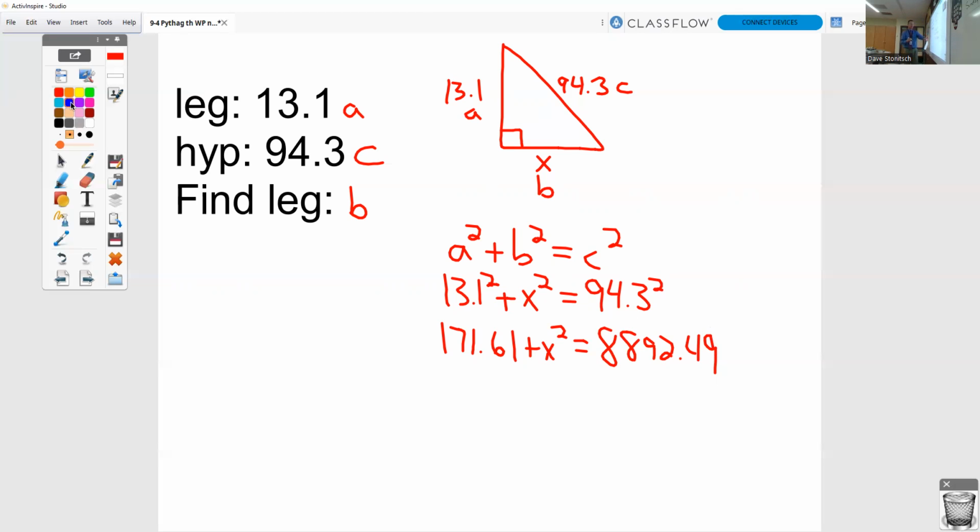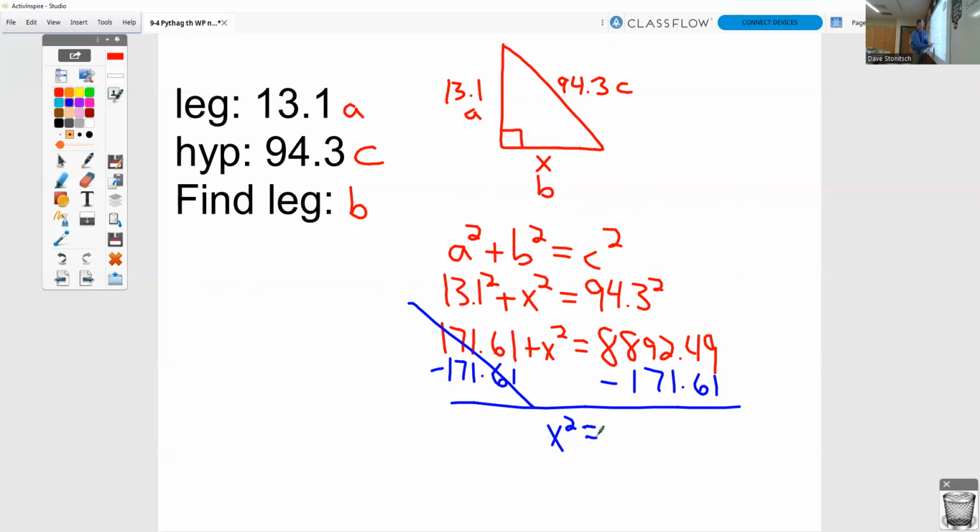Now to get that X squared all by itself, I need to do minus 171.61 and minus 171.61. Therefore, those cancel out. We have X squared equals 8,720.88.